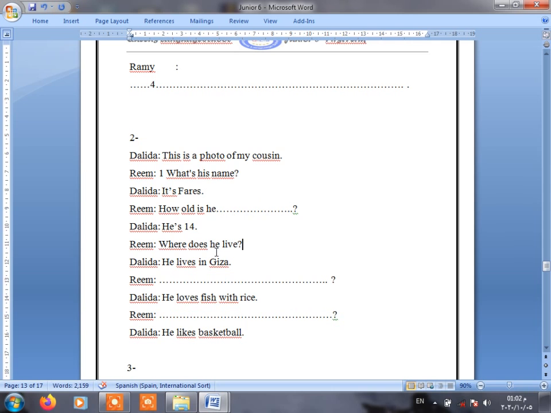Okay, he loves fish with rice. So I'm asking about something here, a thing that he likes, that he loves. So of course I will use what. So what does he love? Okay, we cancel the S here because we have does. And when we have does, we put the verb in infinitive. The last question we have in the dialogue, he likes basketball, so we can say what's his favorite sport?